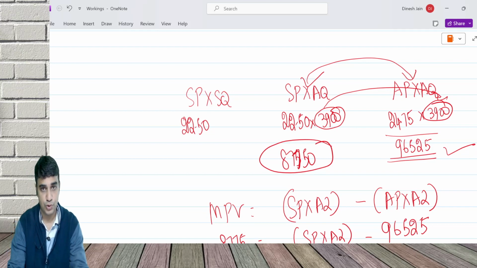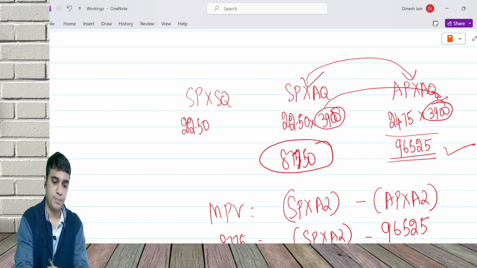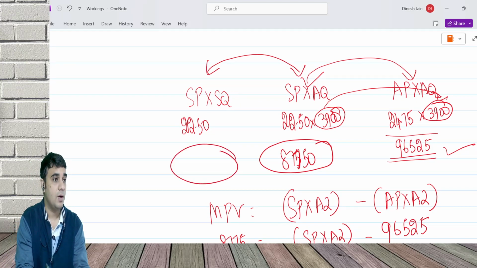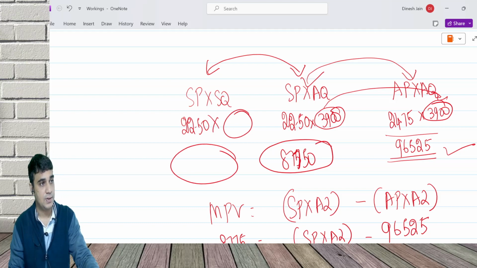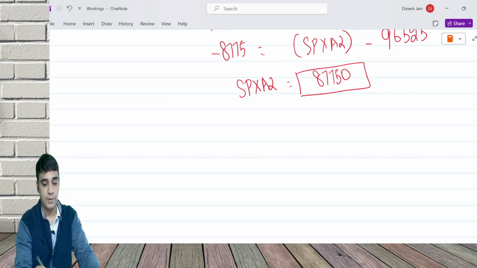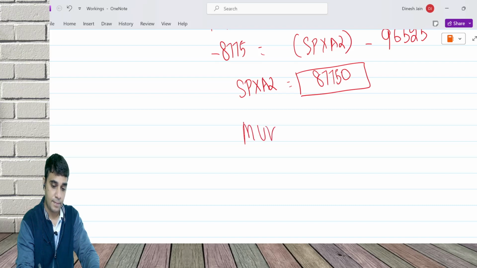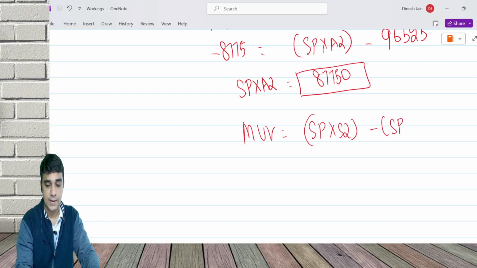Material usage variance. So usage variance is very simple. Comparing these two, you will get this. Once you get this, you will get this missing data. Now, material usage variance is equal to SP into SQ minus SP into AQ.